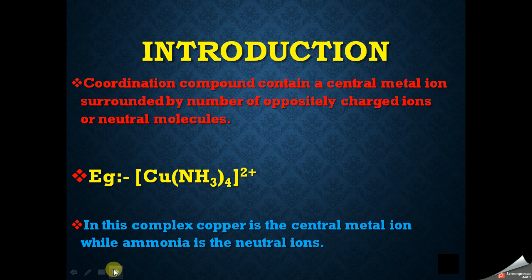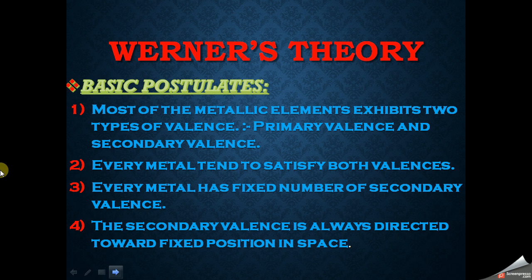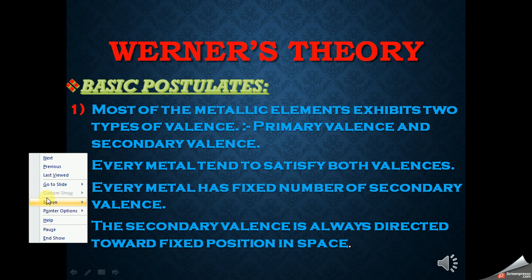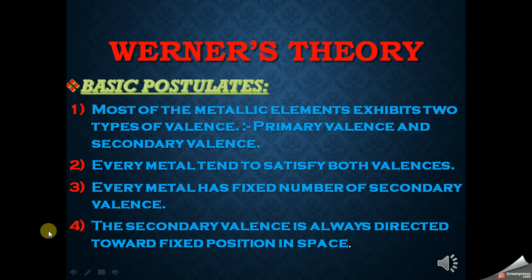Next is Werner's theory. Basic postulates of Werner's theory: First, most metallic elements exhibit two types of valences, the primary valence and the secondary valence.